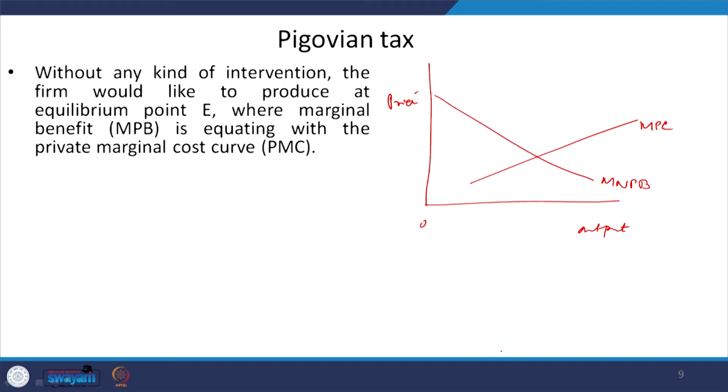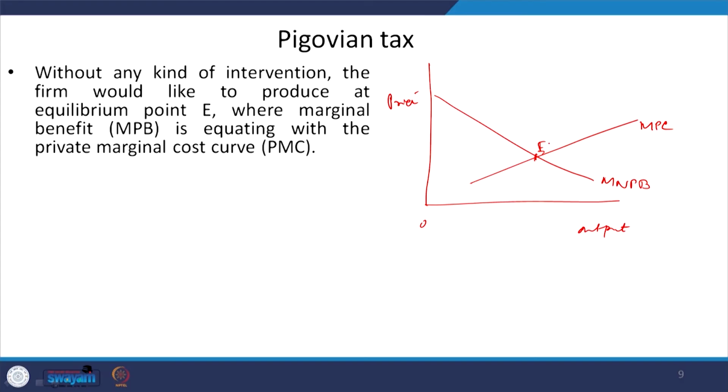If there is no intervention from any regulator, or no regulation from the government side or any regulating authorities, then obviously the farm will be interested in producing at the equilibrium point. What is the equilibrium point? It is where the marginal net private benefit, that is the demand curve, intersects the marginal private cost, that is the supply curve, right. So, this is the point of intersection.